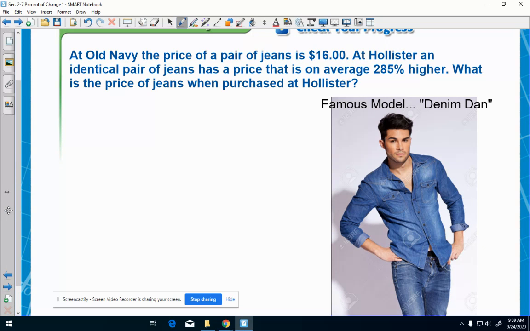You girls have an answer? No. You must first figure out what 285% of 16 is. No. You must first figure out what 16 times 285% of 16 is.